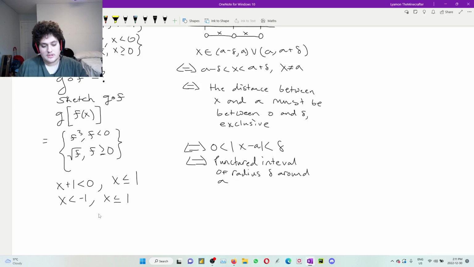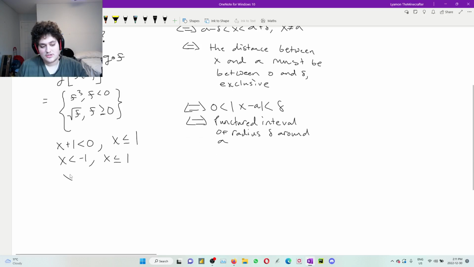So we basically have to find the intersection of these two sets, which in this case is just x less than negative 1, because when x is less than negative 1, it is also going to be less than or equal to 1. So that's the first part of our inequality finished. So f less than 0 is the same as x less than negative 1.